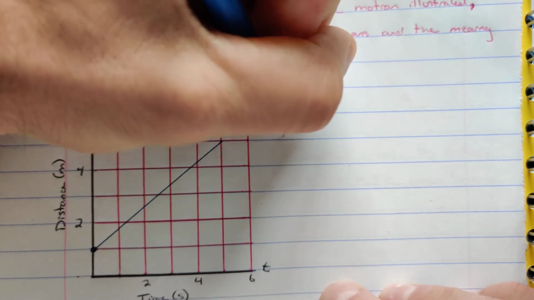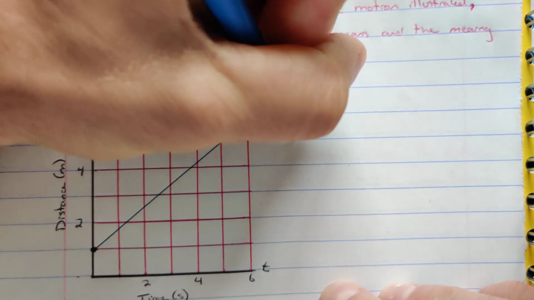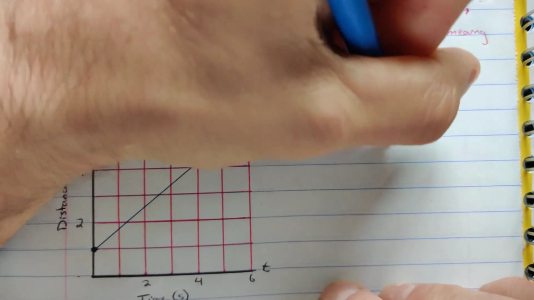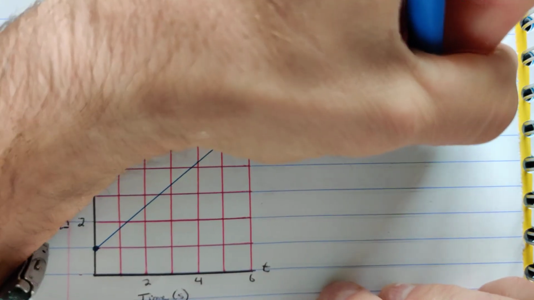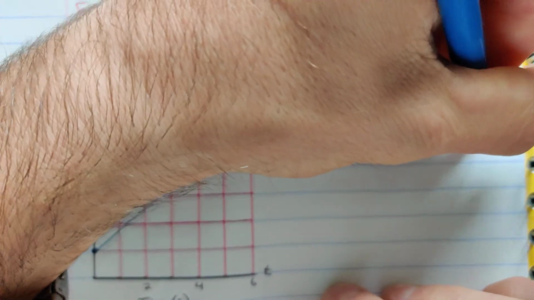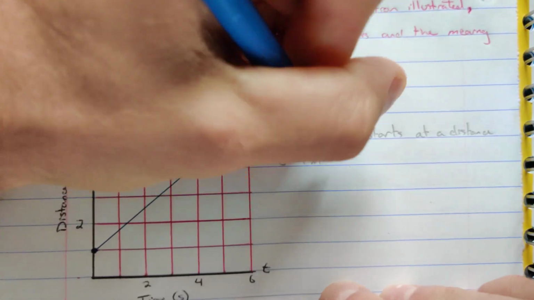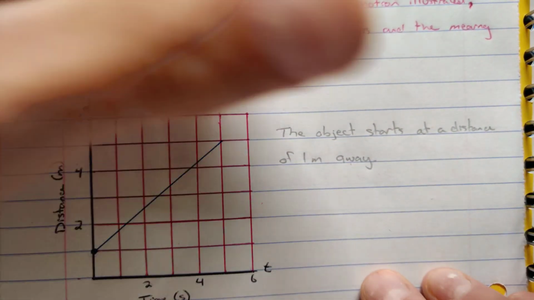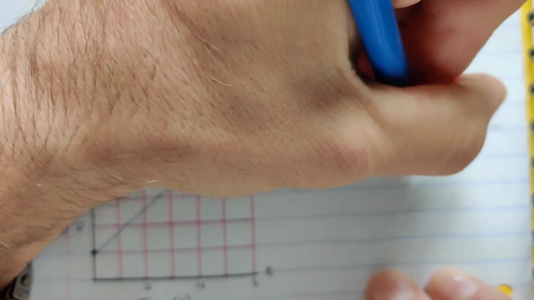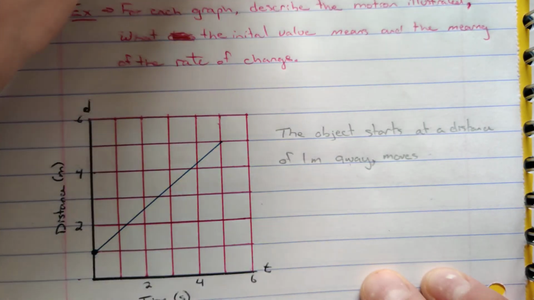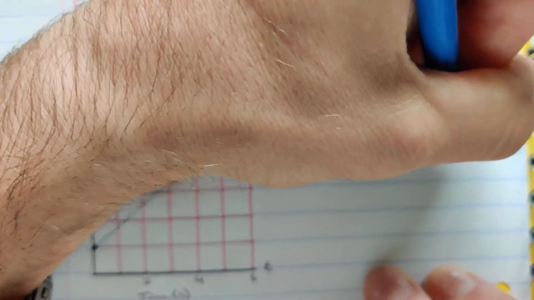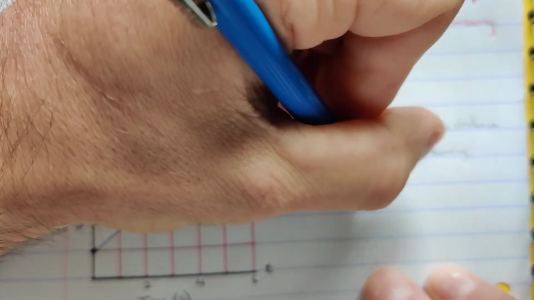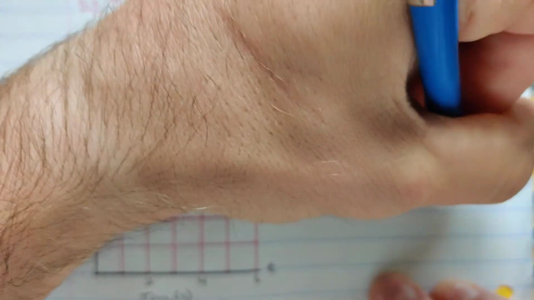The object, whatever it is, it could be a person, could be an item, starts at a distance of 1 meter away from whatever this zero marker is, and then moves away at a constant speed of.